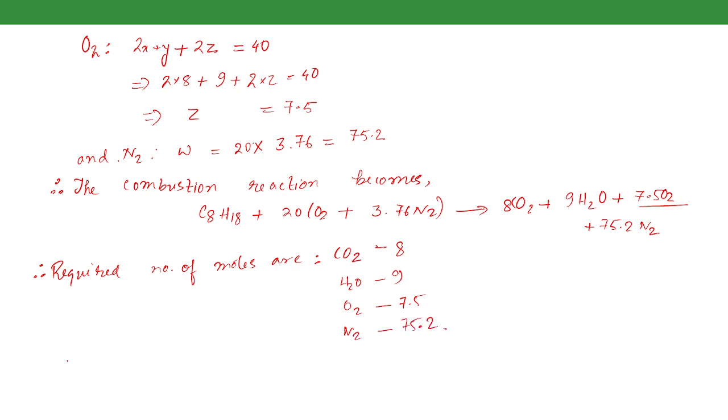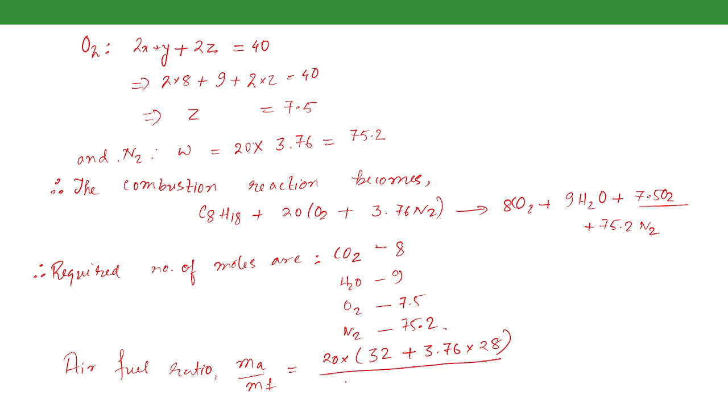And the air fuel ratio here is mass of air to mass of fuel. So this is 20 multiplied by 32 plus 3.76 into 28. This is on a mass basis. So there are 20 moles in total. Of that, 32 is the mass of the oxygen, and 3.76 times there is nitrogen.